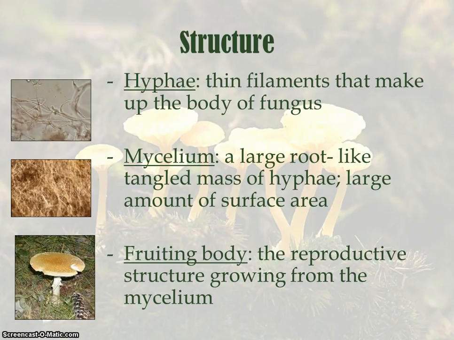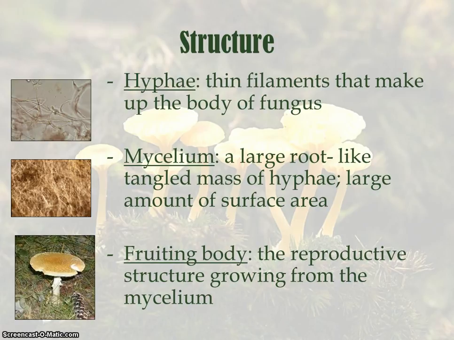They're just a tangled mass of hyphae. They cover a very large amount of surface area. You will find the mycelium down in the soil, or if they're growing out of a decaying or decomposing organism, you will find the mycelium amassed within that decaying organism.